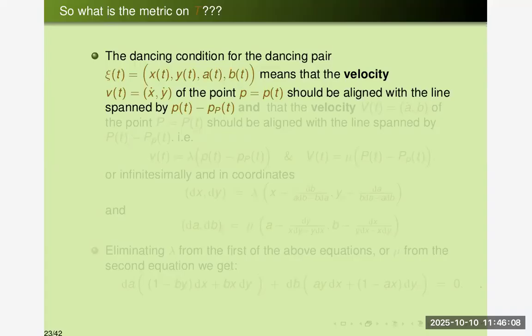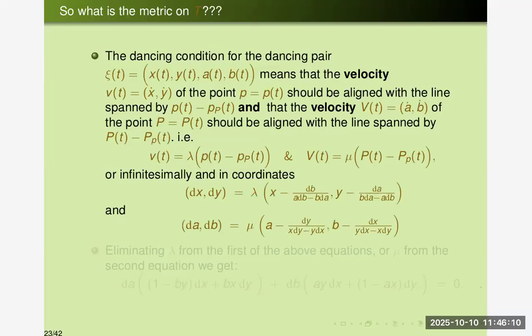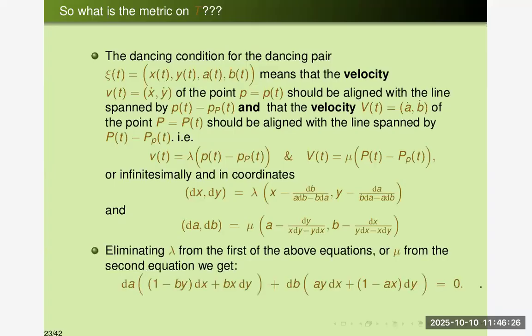If I write down these conditions, I get two conditions, like this or like this. That's the parallelism of the velocity to the line. And if I, for example, eliminate lambda from this equation, then I will get this.